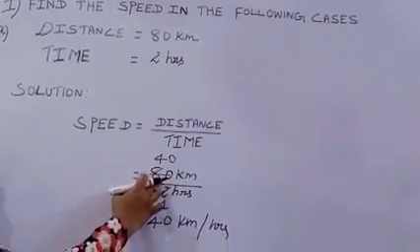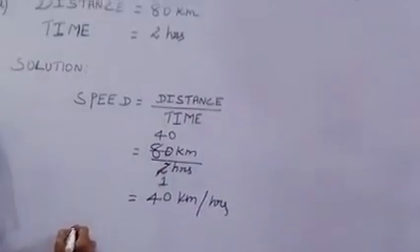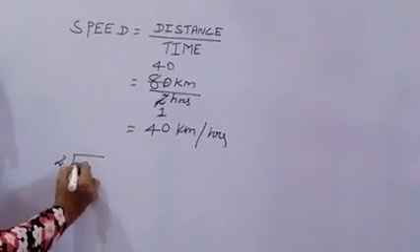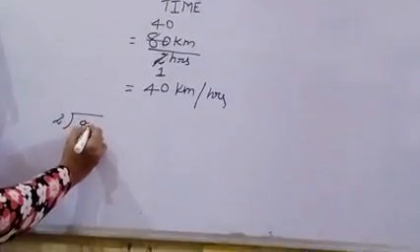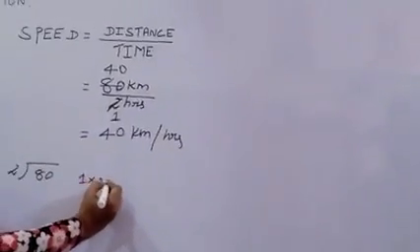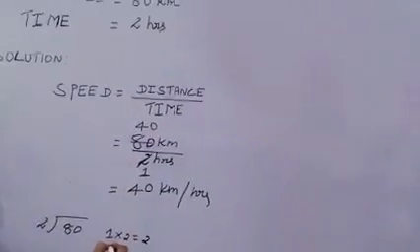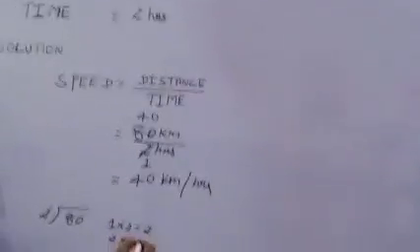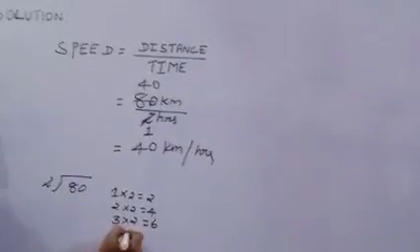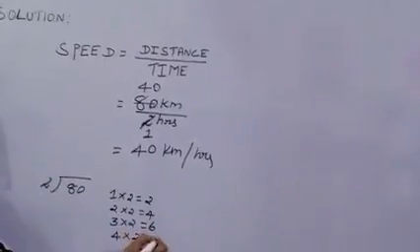You can divide like this, or else as usual you follow the divisor and dividend. How many times 2 in 8? 1 2 is 2, 2 2s are 4, 3 2s are 6, 4 2s are 8.